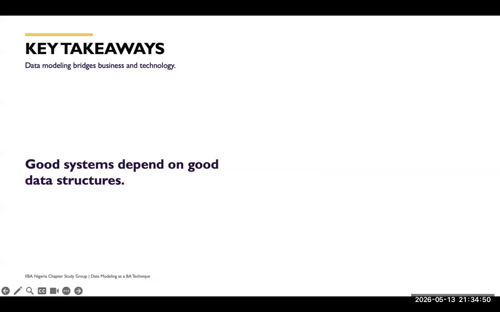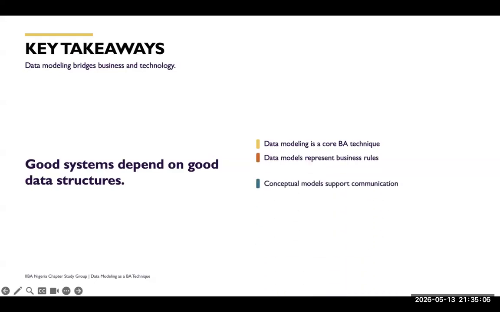So key takeaways: good systems depend on good data structure, and data modeling bridges business and technology. Data modeling is a core BA technique. It represents the business rules. Conceptual models support communication.